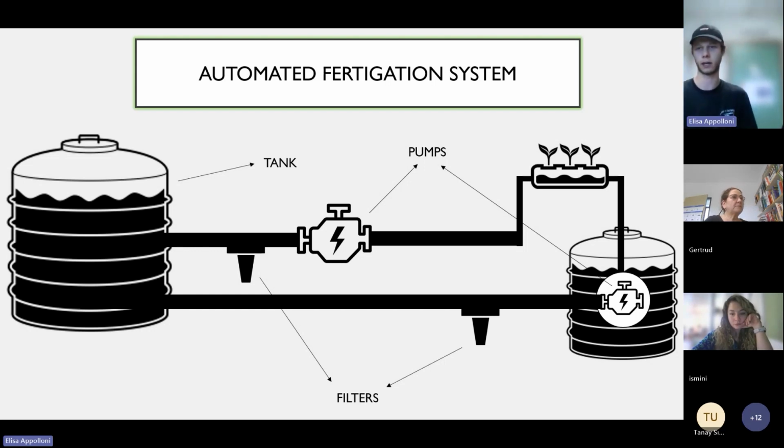So here we have a very easy scheme of how it works. And you can see that we have a main tank on the left, that is where we collect our nutrient solution. That is connected through a pipe to a main pump.